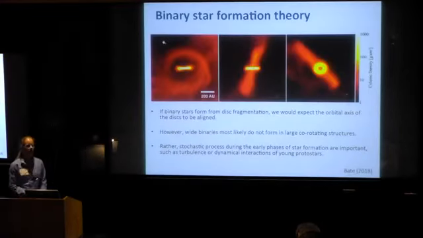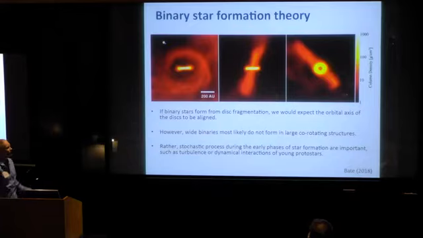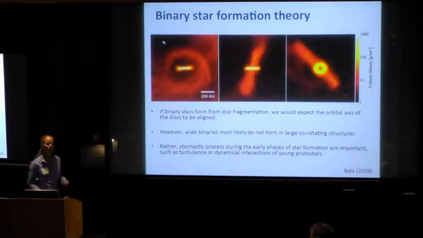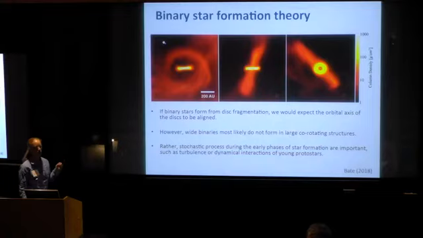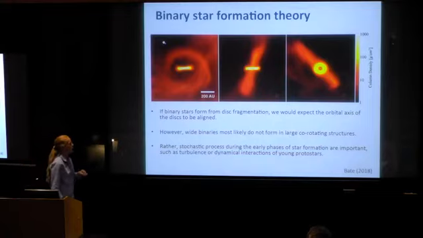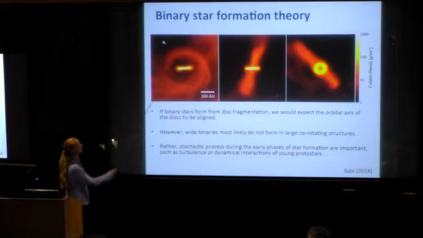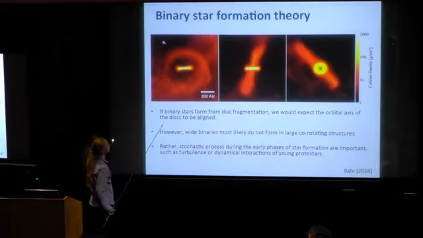A little bit of background on binary star formation theory. If binary stars are thought to form from disk fragmentation, then we would expect the orbital axis of all of the three disks to be aligned to each other. But simulations suggest that this isn't the case. This is a simulation by Matthew Bate. There's a binary at the center of this.